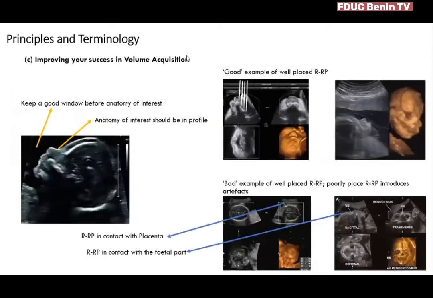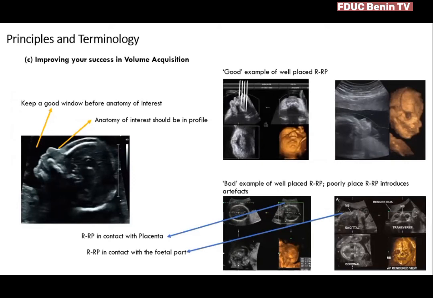In addition to these 2 points, to improve our success of volume acquisition, the 2D image should be acquired in profile or in the best anatomical plane preferred, right? A profile image, for instance, is very key to the successful reconstruction of the baby face rendered mode.